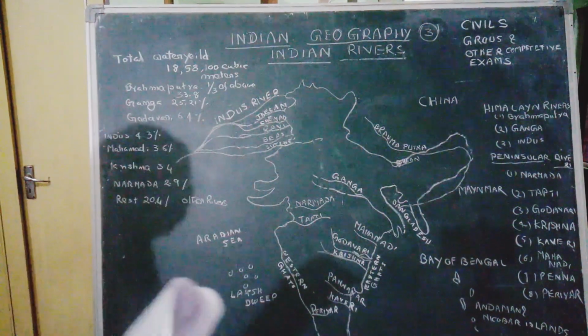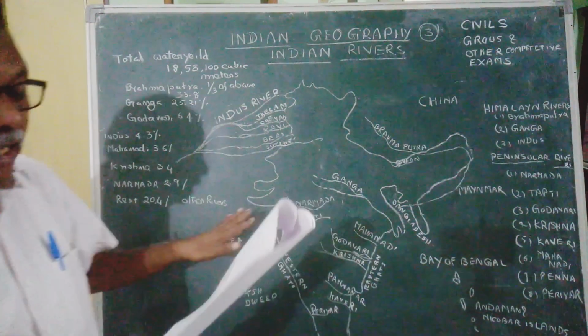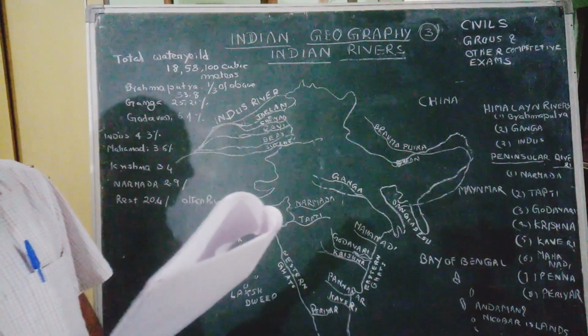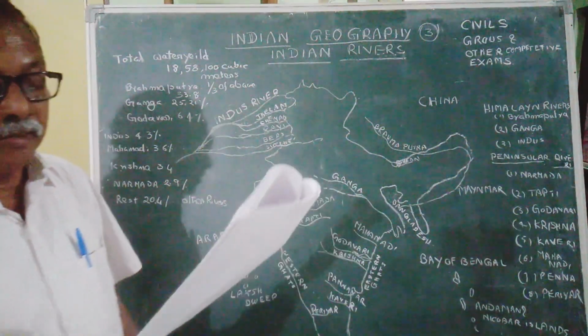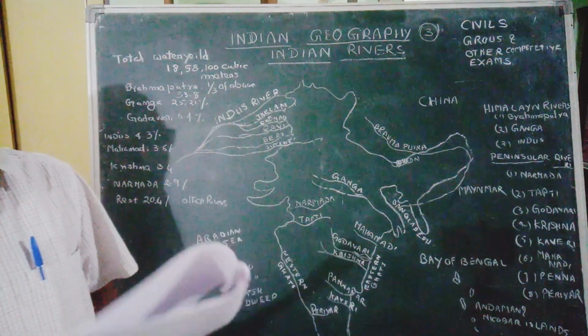Manjira, Musi River. This river is also called Musi River. It is born in Ananthagiri Hills and flows into Krishna at Vadapally of Telangana region.